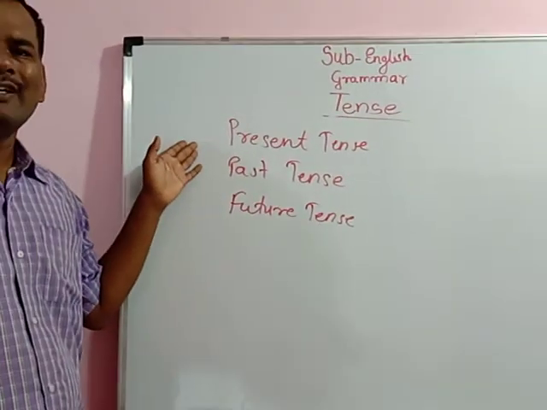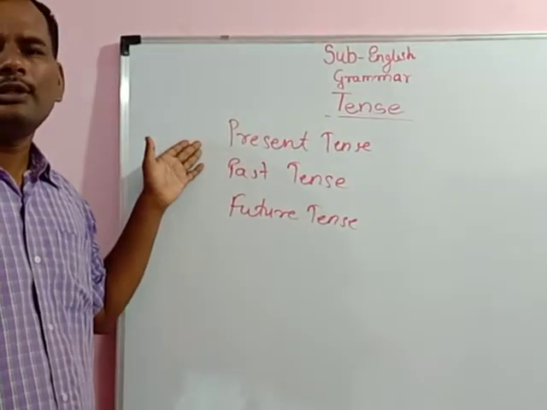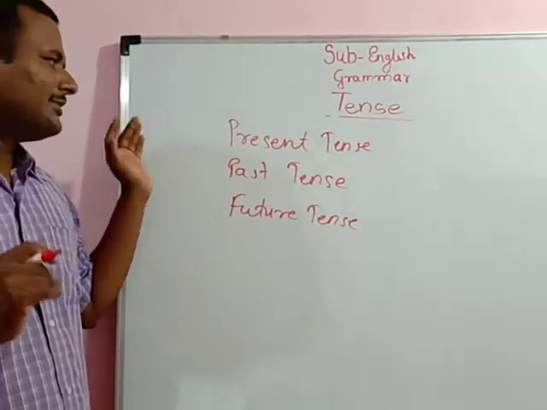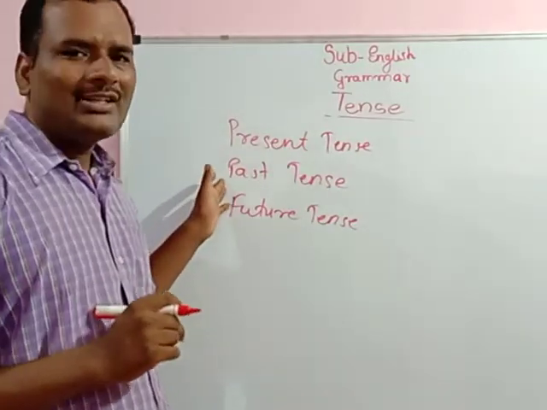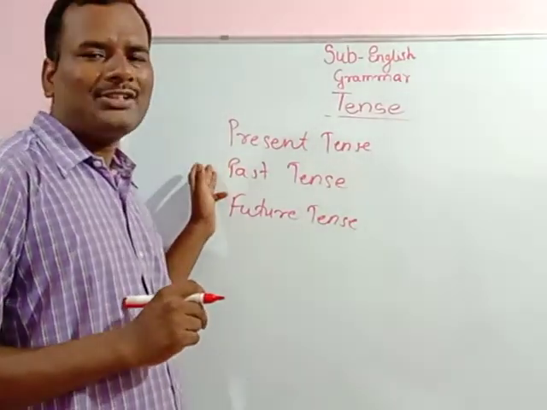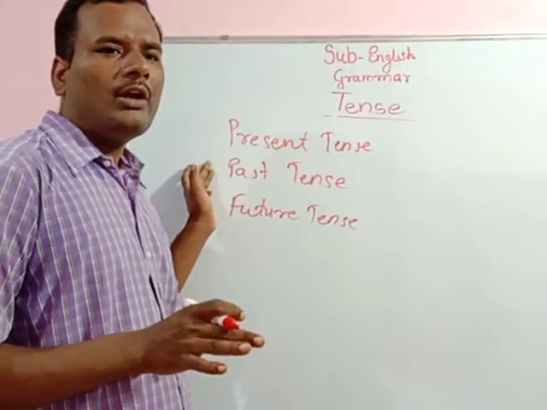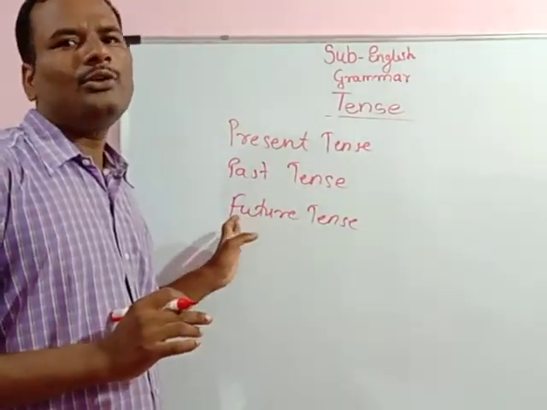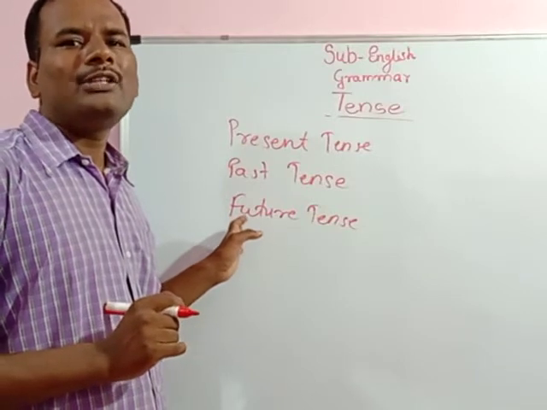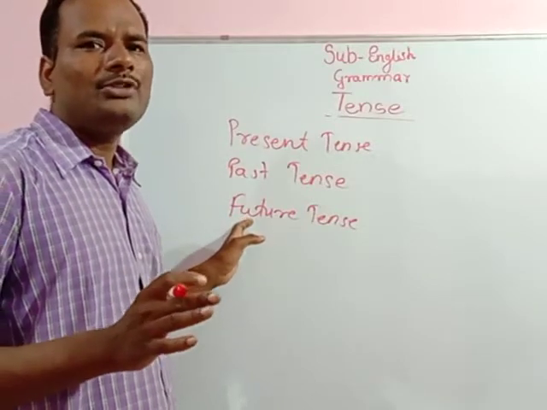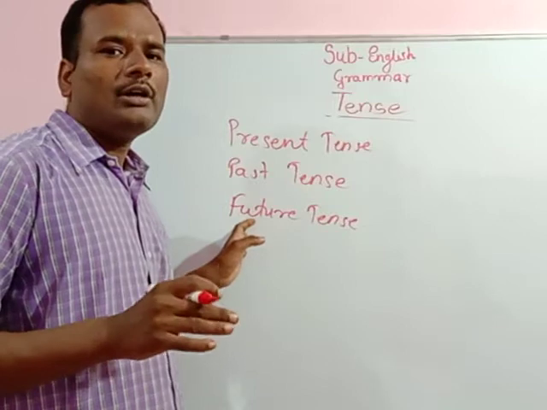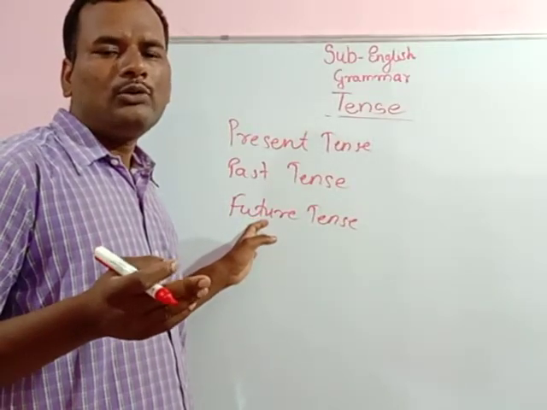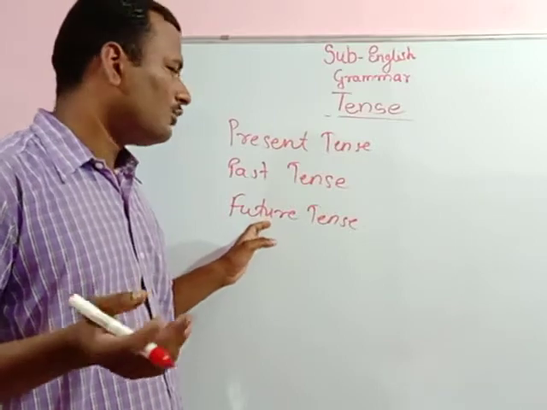Present tense denotes the time of today itself, or the actions which take place today itself. Past tense denotes the actions which have happened yesterday or before yesterday. And future tense denotes the time of the action which is going to happen tomorrow or after tomorrow itself.